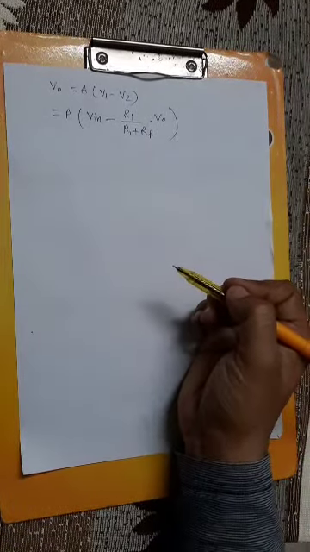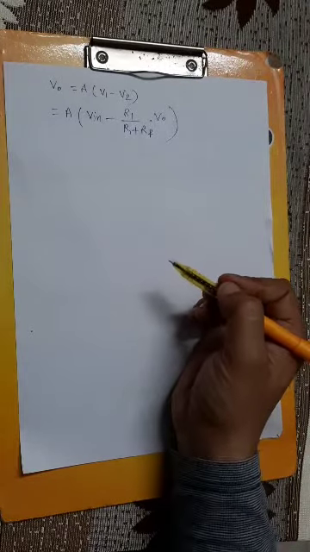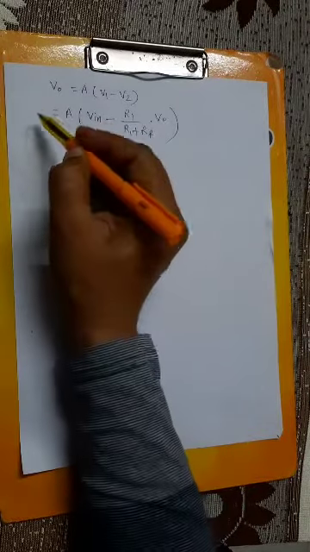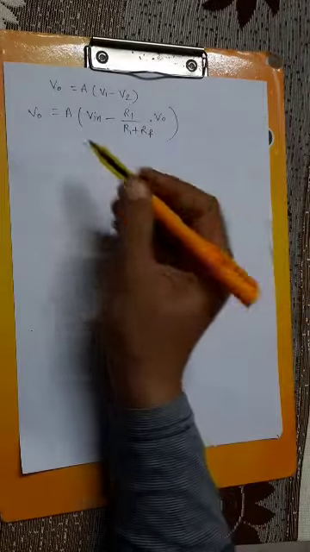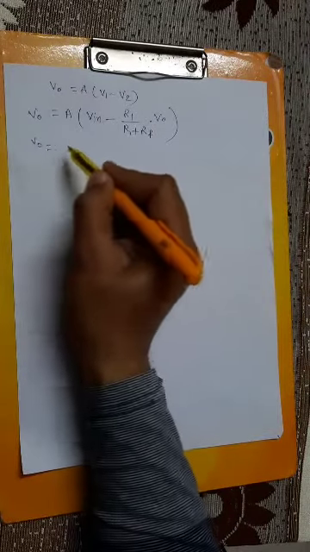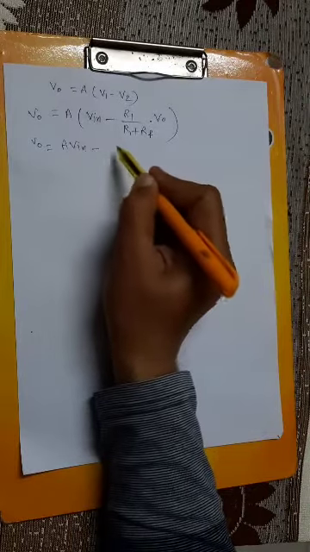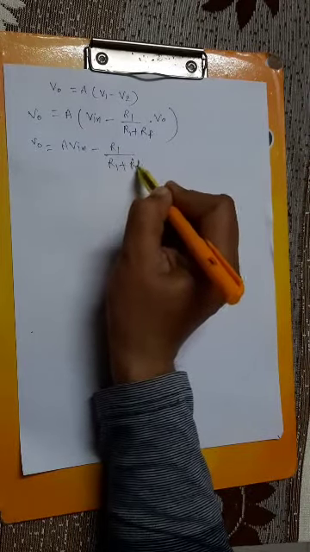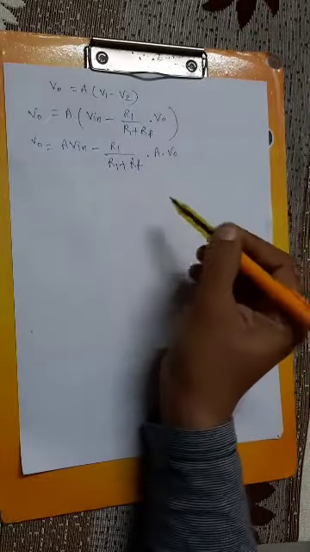Now we take the common value of V naught and rearrange: V naught is equal to A into V input minus R1 by R1 plus Rf into A into V naught.